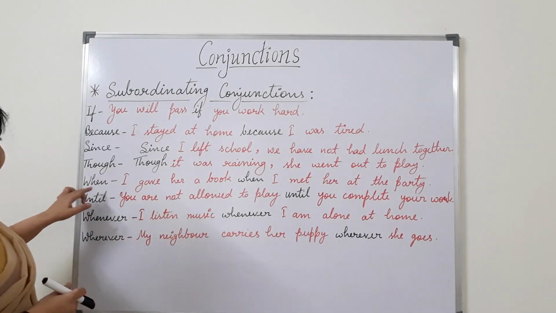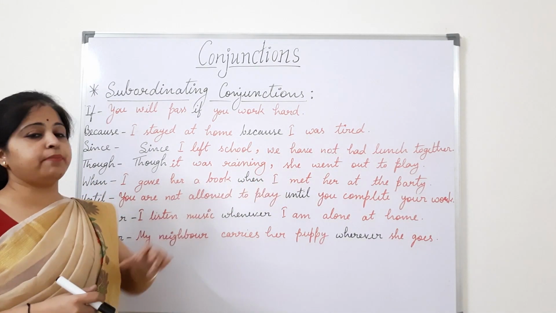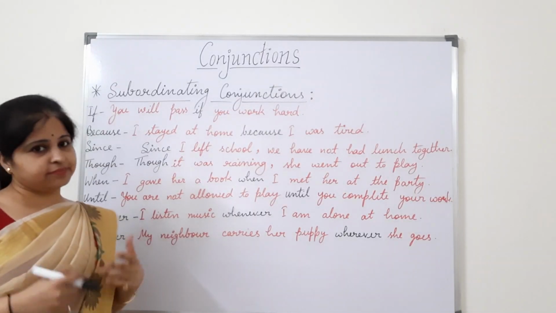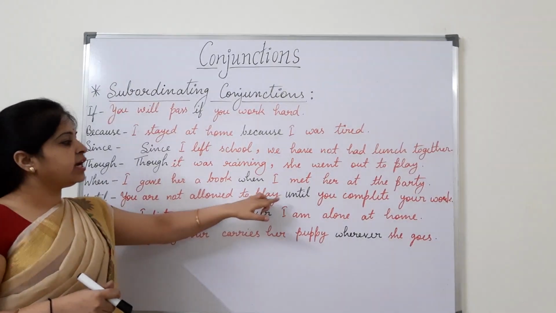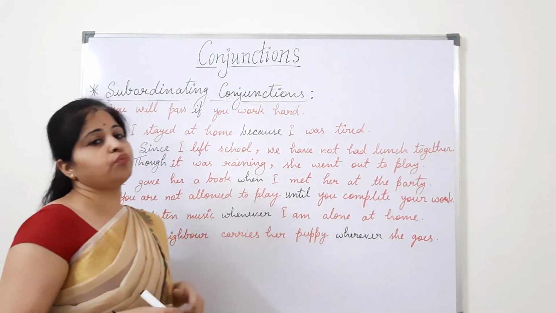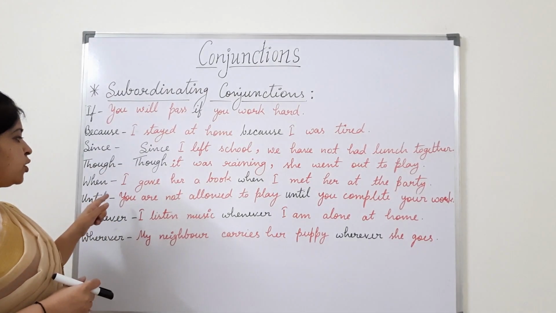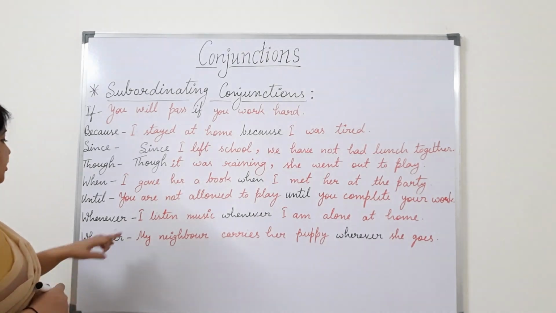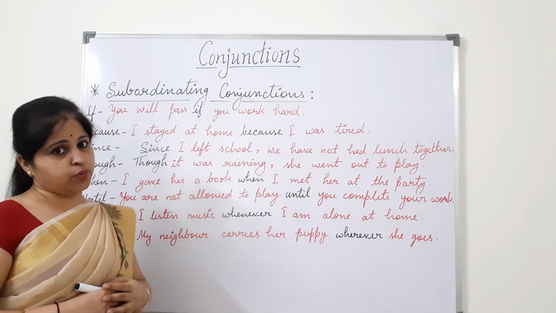Okay, next, "I gave her a book when I met her at the party." "When I met her at the party, I gave her a book." That is also correct. "You are not allowed to play until you complete your work." Let's check. "Until you complete your work, comma, you are not allowed to play." Subordinating conjunction. "I listen to music whenever I'm alone at home."